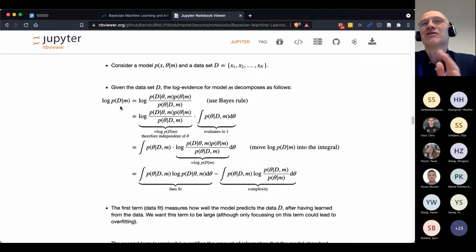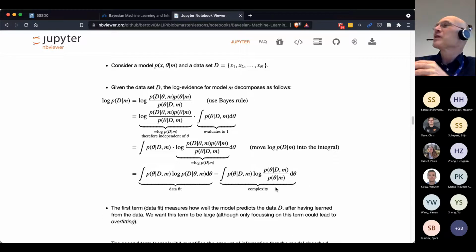In Bayesian machine learning, you don't have any of these issues. You use all your data for training, and because of this complexity term, you will not overfit. You will not just fit the data, but there is also a pull backwards to what your old beliefs were, and therefore you will also still generalize well. And you don't need to split your data into a test set and training set.